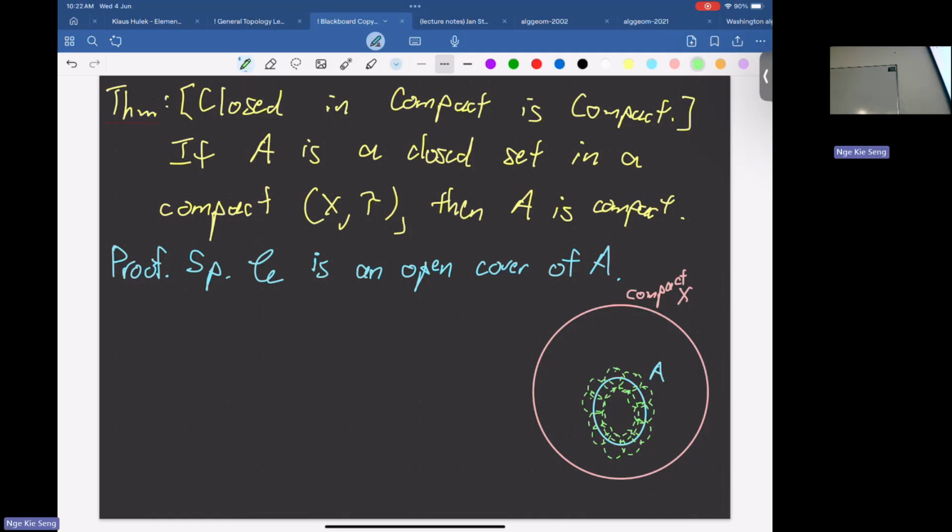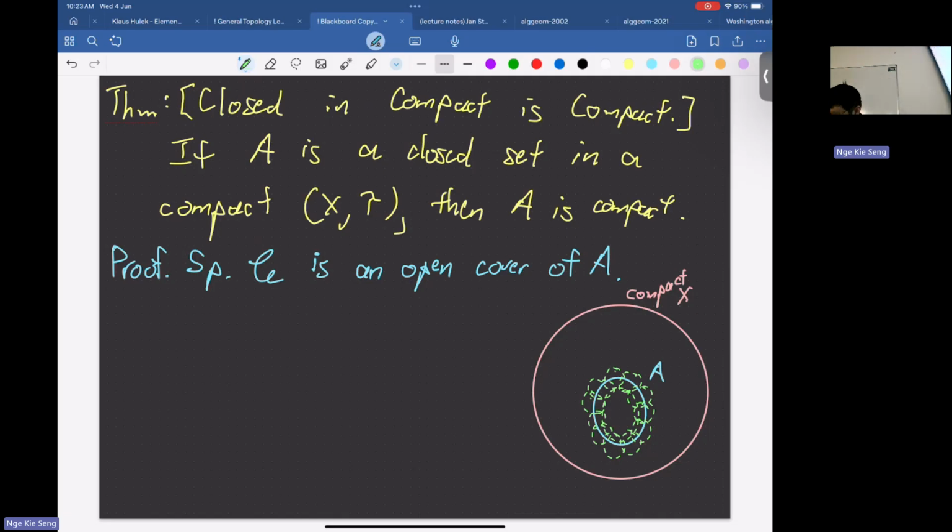We just need one more open set actually. X is not very helpful in this case. X minus A, right? Because we know that A is closed, the complement is open. Correct or not?